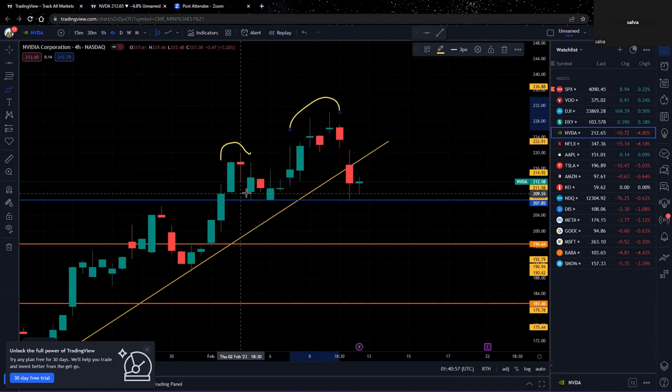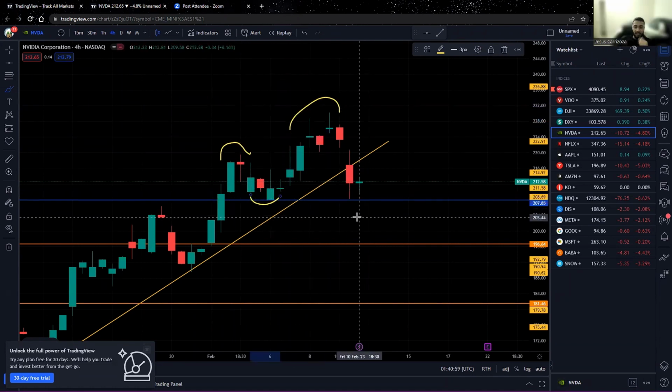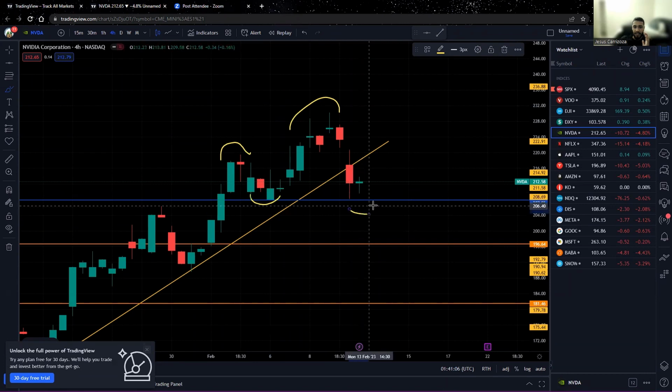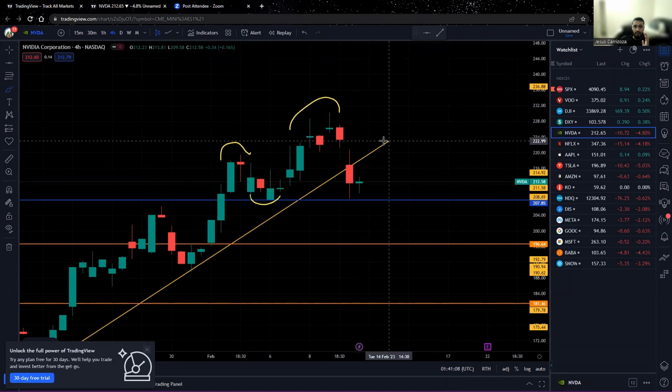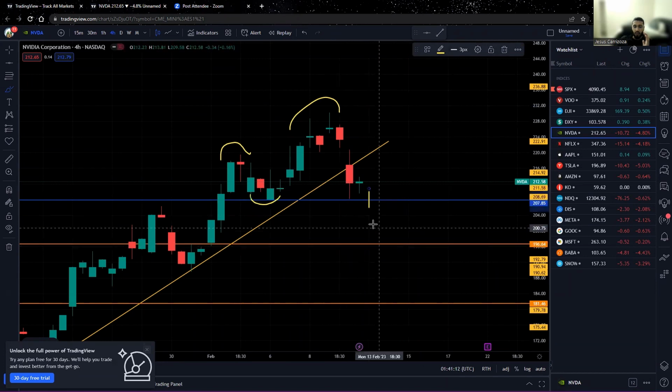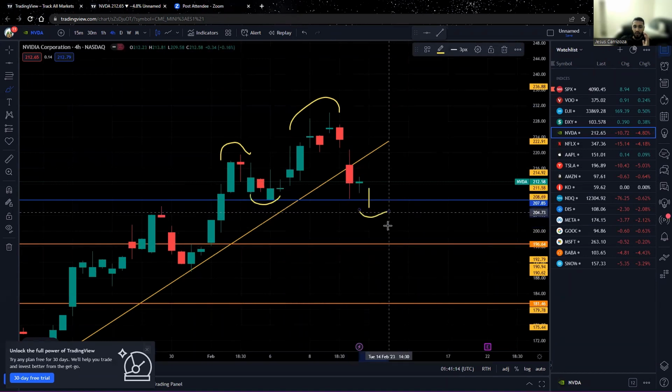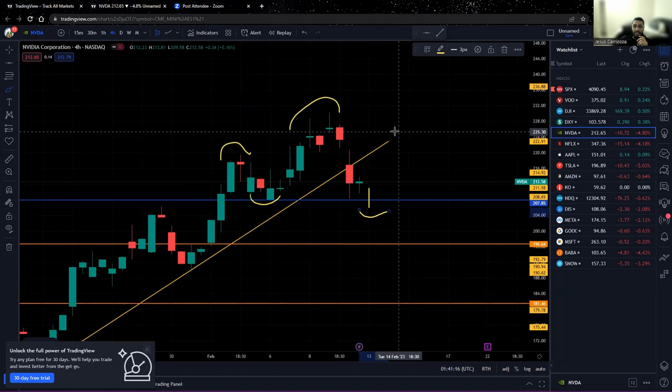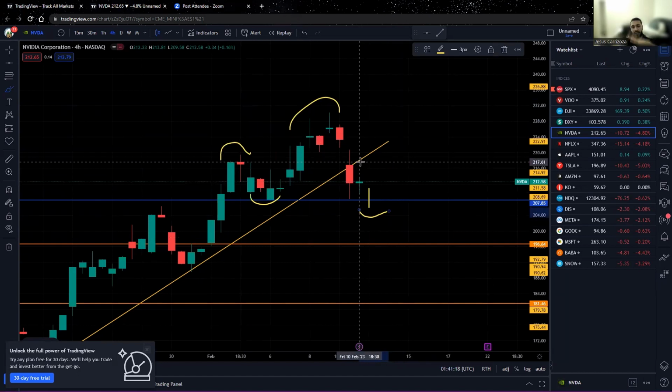So in order for us to get confirmation, we would need the candle to close under here. So the moment we get a candle that let's say looks like this, we would get confirmation that we got the lower low.